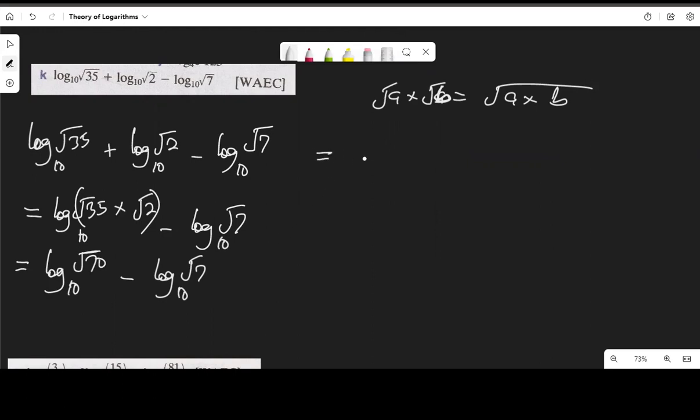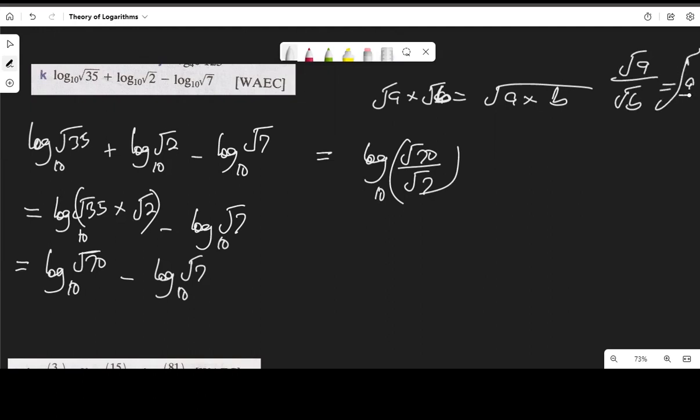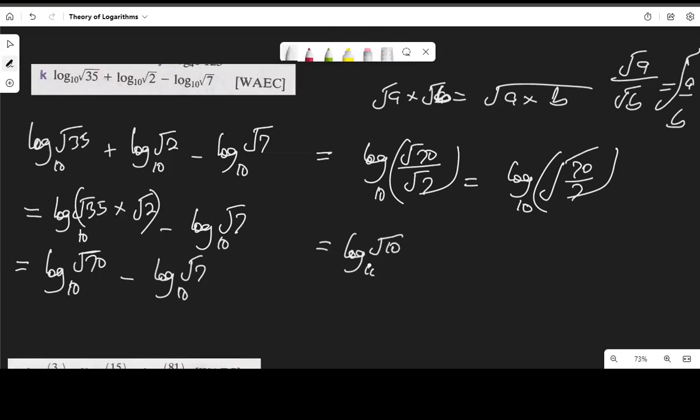Now that will be log root 70 over root 7 to base 10. Again, root a over root b is root a over b. So this will be log root 70 over 7 to base 10, which is root 10 to base 10.